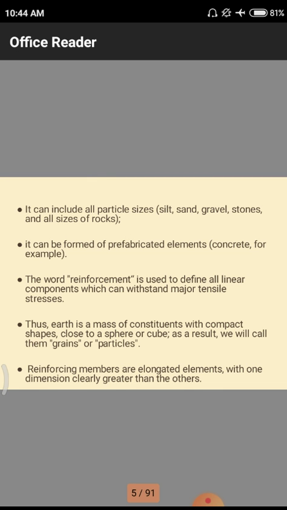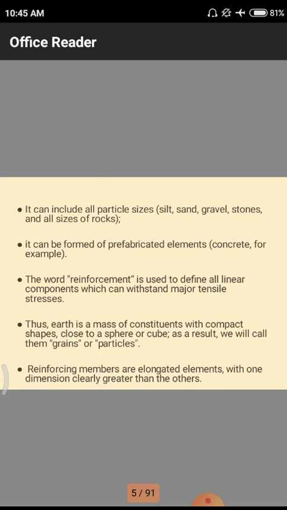Next thing is it can include all particle sizes. That means the earth structure has different particles. On the top of the earth we have mostly fine grain particles. Why? Because the top layers are more exposed to erosional properties, so the top layer has more fine particles.